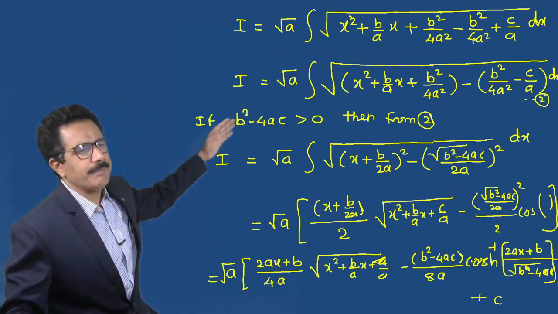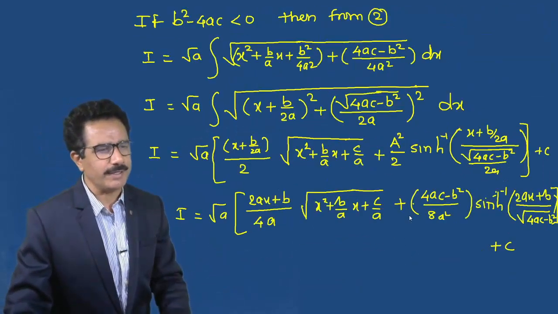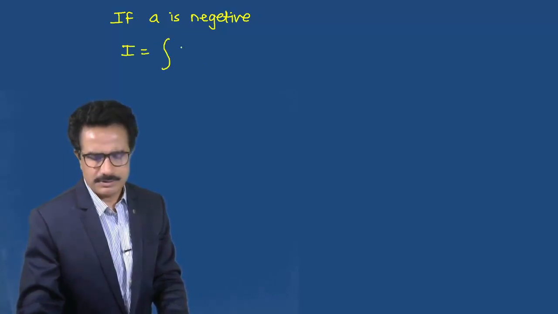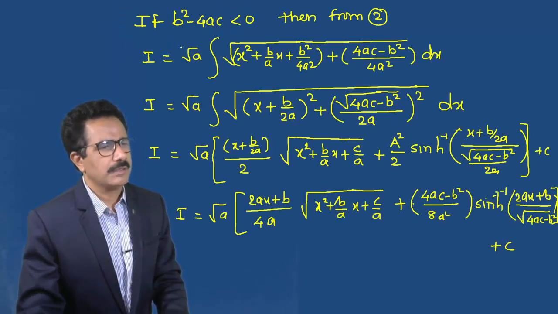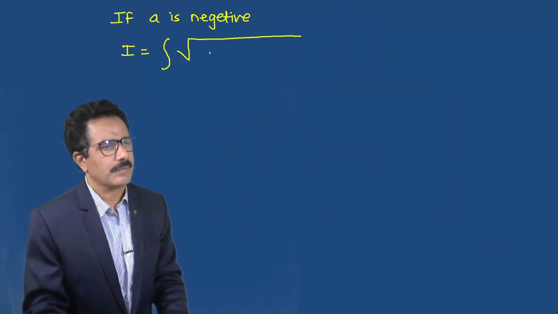Now the second condition is, if a is negative, the same way we have to write case second, if a is negative, so I is equals to integration of root of ax square plus bx plus c dx.